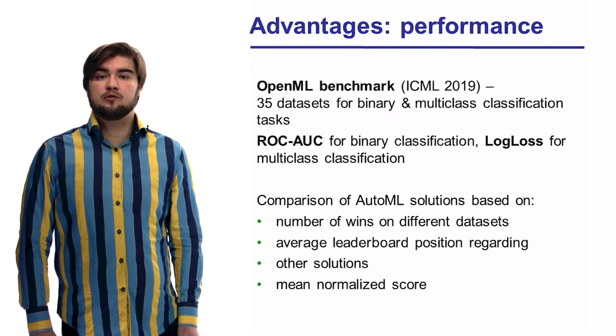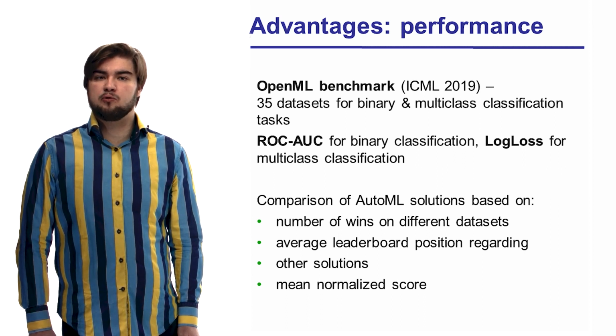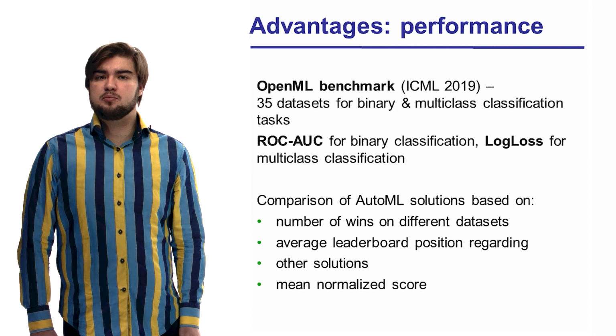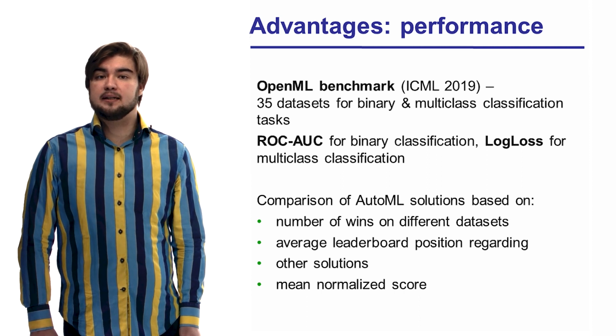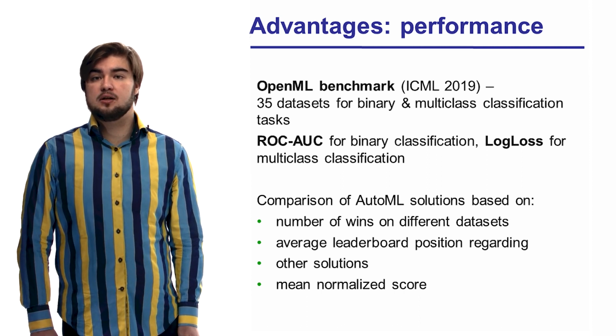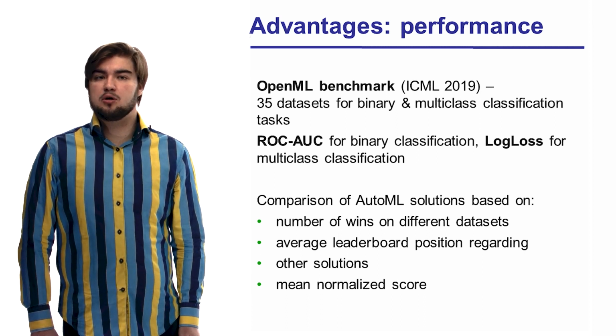The developers of LightAutoML used the OpenML benchmark to assess the performance of the framework. This benchmark was introduced at the International Conference on Machine Learning in 2019 and includes 35 datasets for binary and multi-class classification. The quality metrics are ROC and log-loss, respectively.